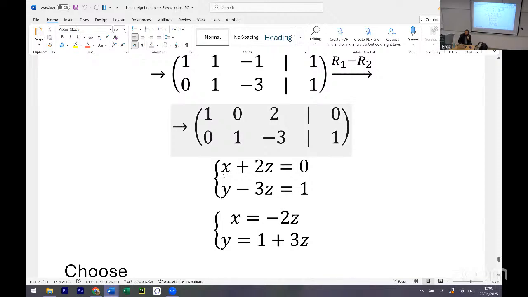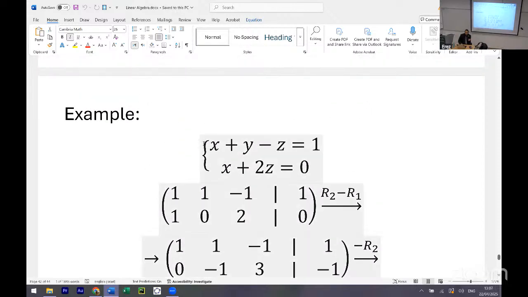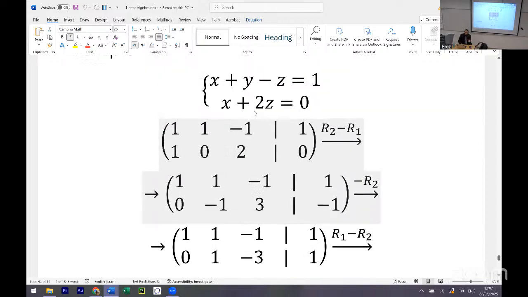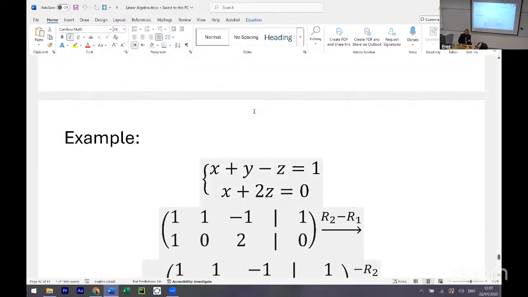And the idea behind it, and let's go back here, is that after we do these operations, we get another linear system of equations. Look, the first system holds these two equations, x plus y minus z equals 1. And after the elimination process, we get different equations. You see, the first equation is x plus 2z. That wasn't the equation from the start.